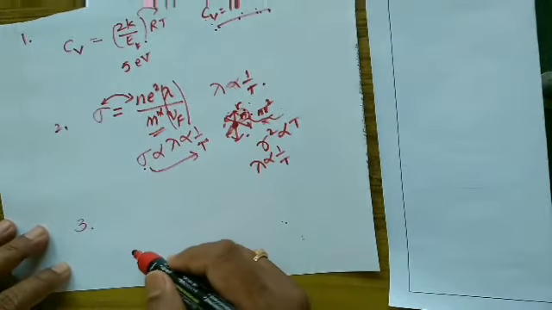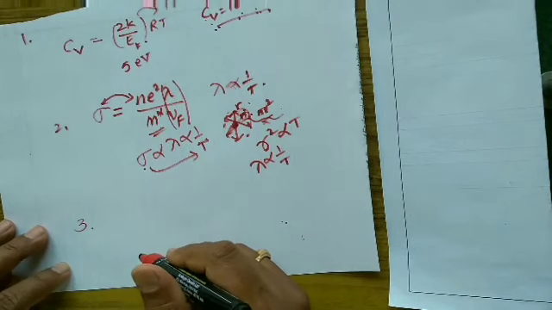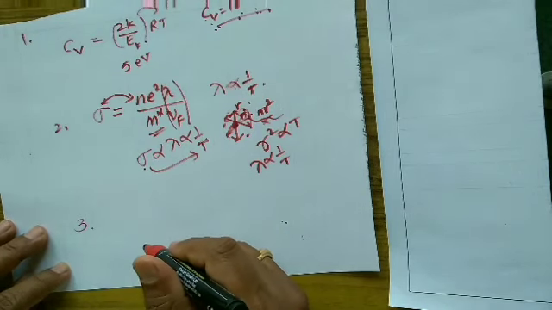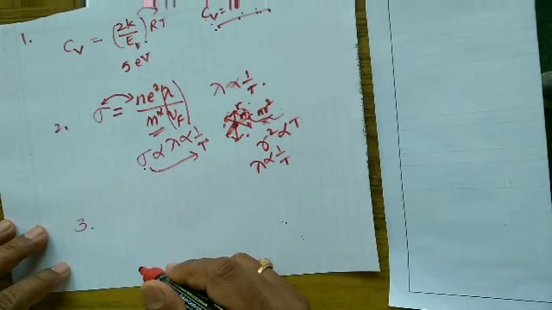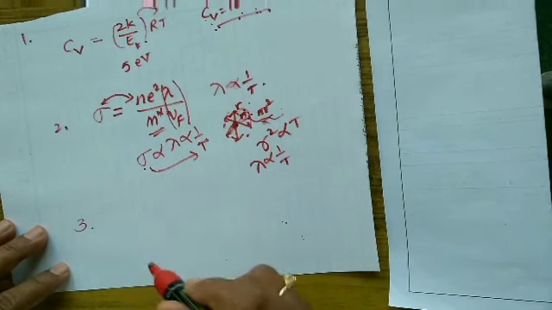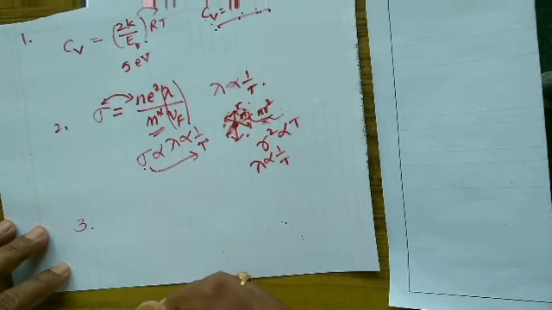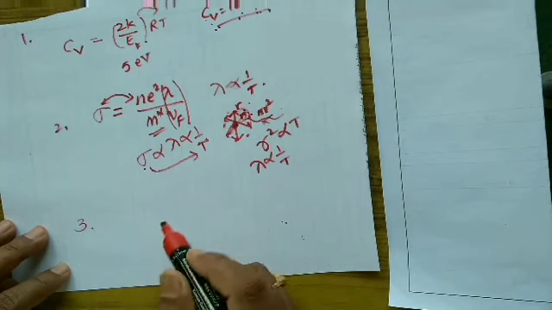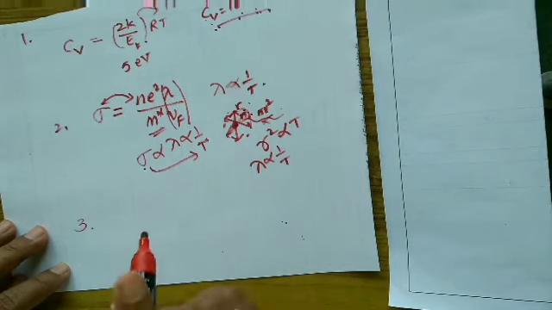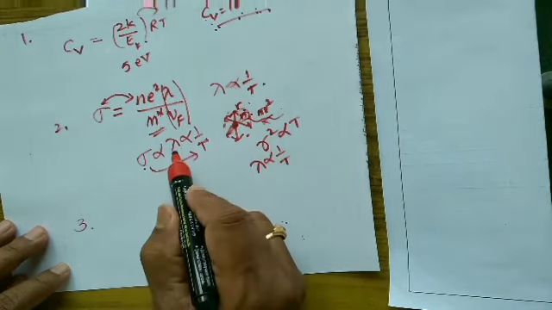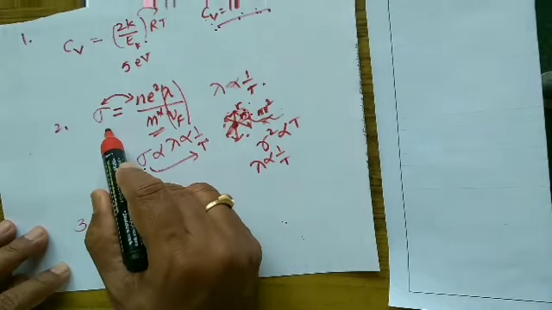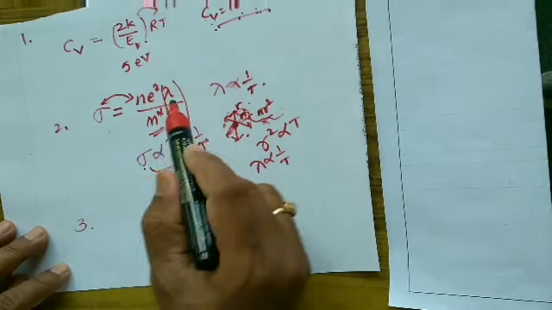So classical free electron theory limited itself to see the dependence of electrical conductivity on electron concentration. Quantum theory confirmed that the dependence is not only with the electron concentration, it also depends on the ratio lambda to Vf and the effective mass.